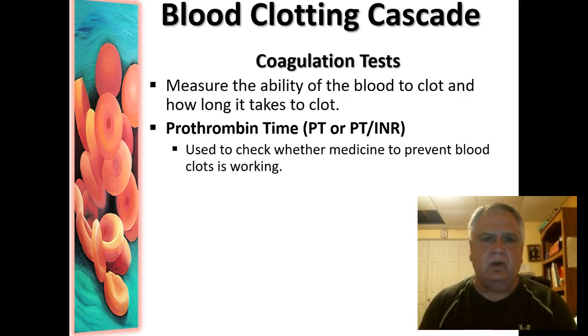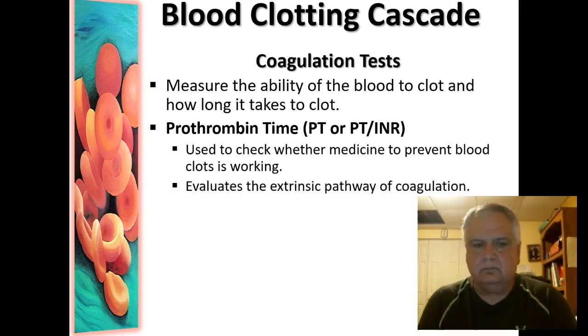So to prevent the blood from clotting, patients may be administered a drug, let's say like warfarin, to reduce the chance of clotting. Now, the way that warfarin works is by increasing the prothrombin time, making it harder for the blood to clot, therefore having less of a likelihood of blood clotting occurring.